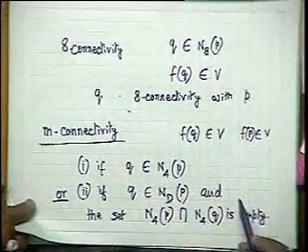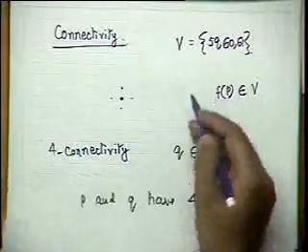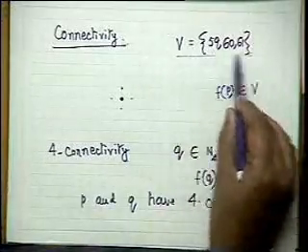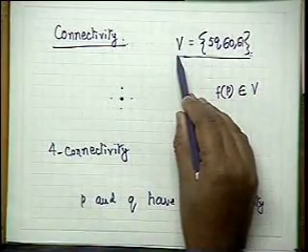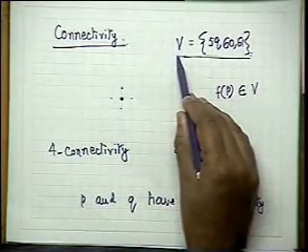So the definition of connectivity, whether it is 4 connectivity, 8 connectivity or M connectivity, must include the intensity value set. That is why all these connectivities are defined with respect to this set V. Is that clear to all of you?